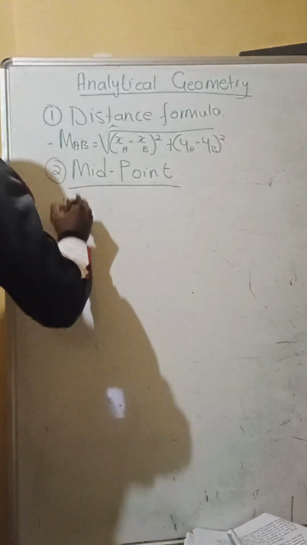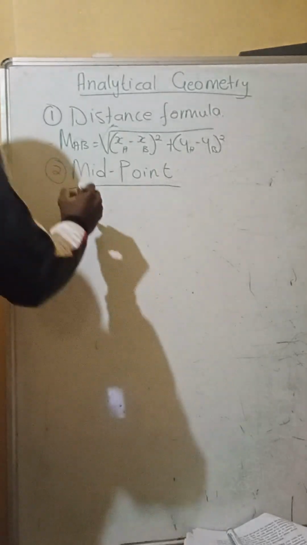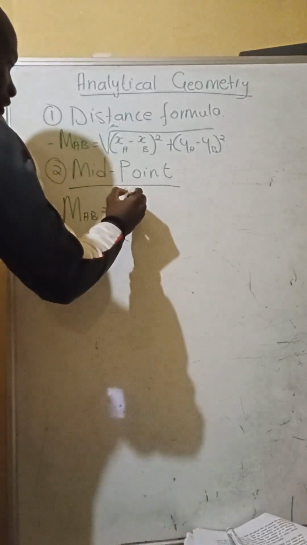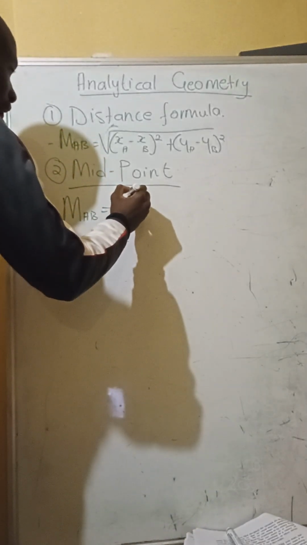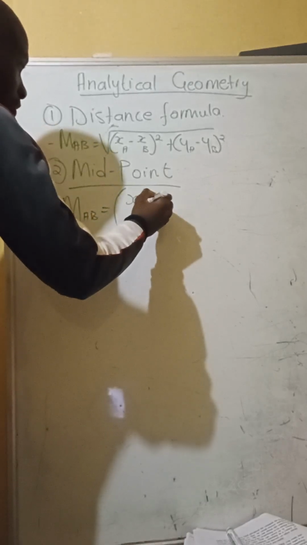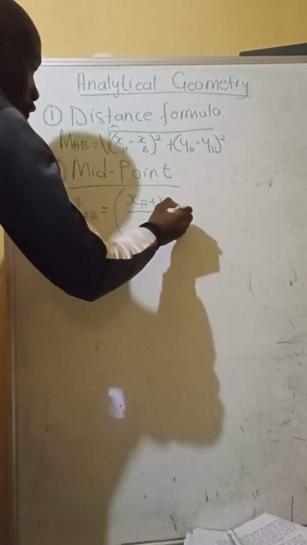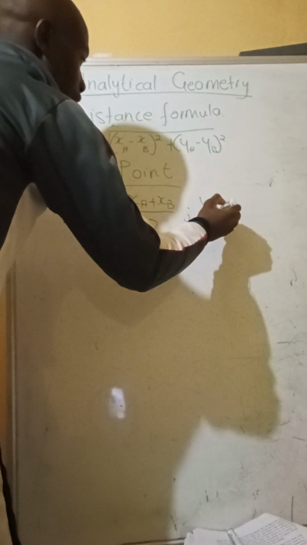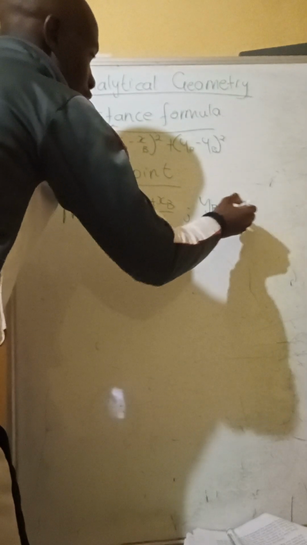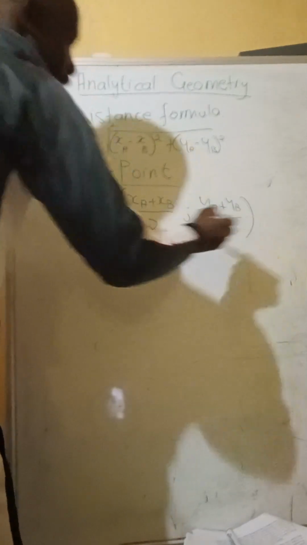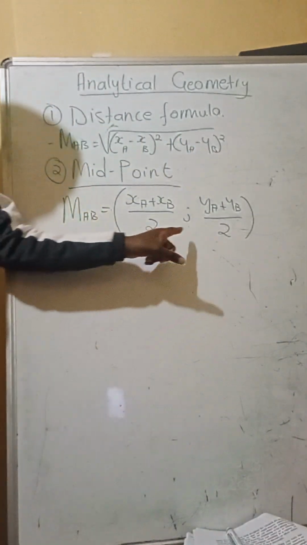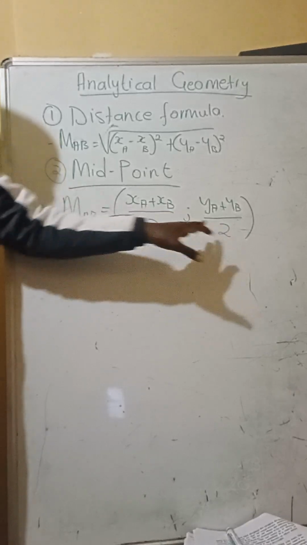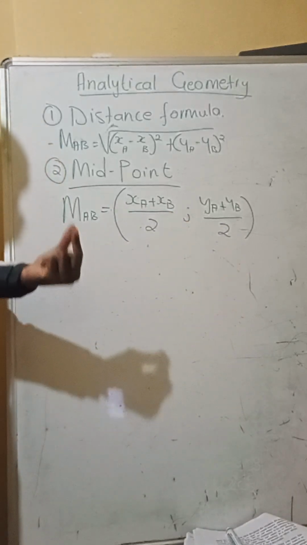You can use capital letter M. M of AB is equal to, you open a bracket, x of A plus x of B all over 2, comma, y of A plus y of B all over 2, close bracket. The reason I'm putting a comma here is because I am already representing these two in the format of coordinates.